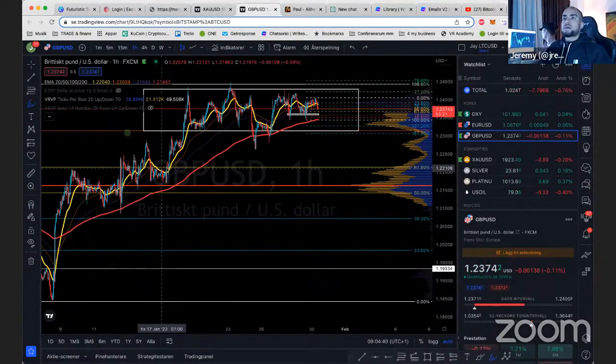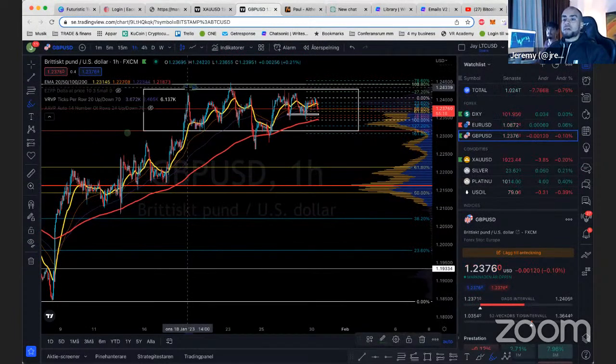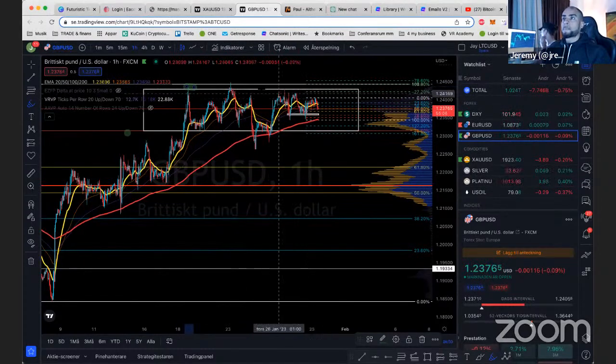And reached the top on the 18th of January. We basically double topped it, came a little bit higher on January 23. And now recently, on the 26th of January, so last Thursday, we had again a testing of that top as resistance.